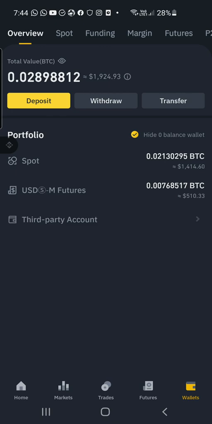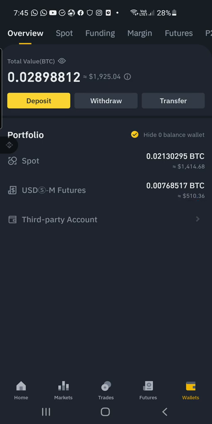For me it is $1,924, which is 0.28988 Bitcoin. This is split into two, which is spot and USD futures. In the spot wallet, I have $1,415, and in the futures wallet, I have $510.